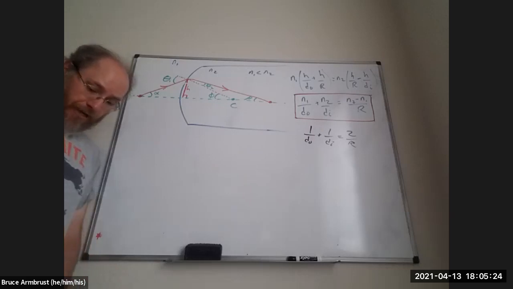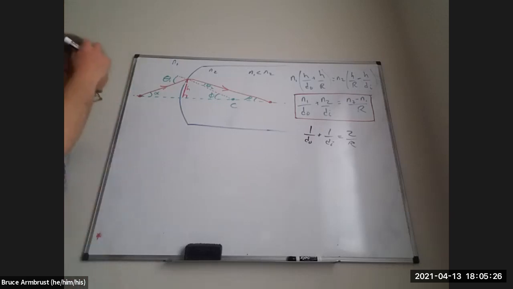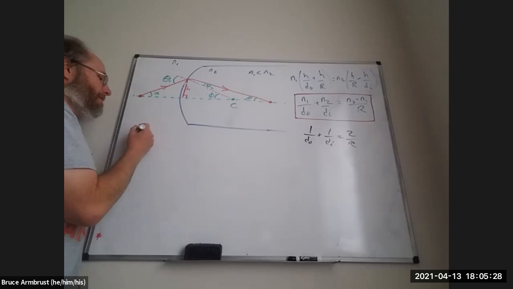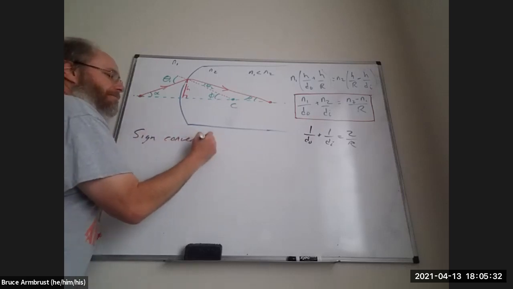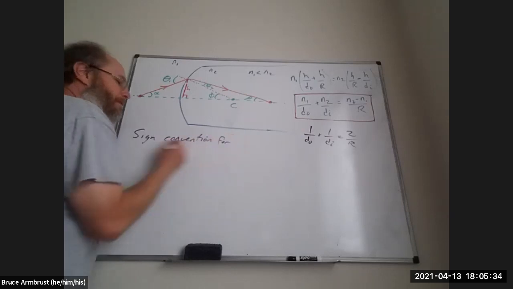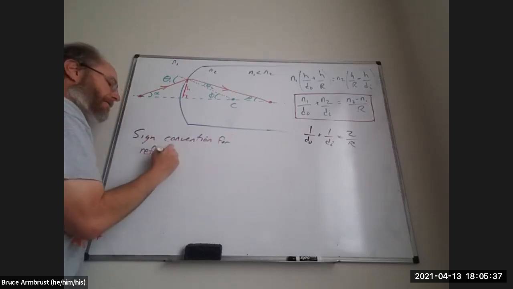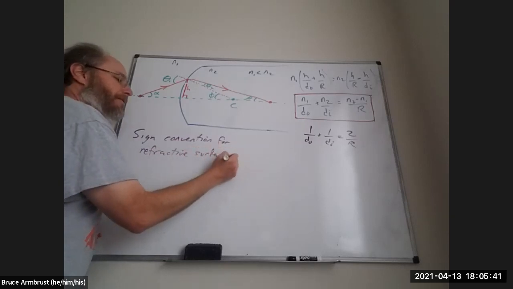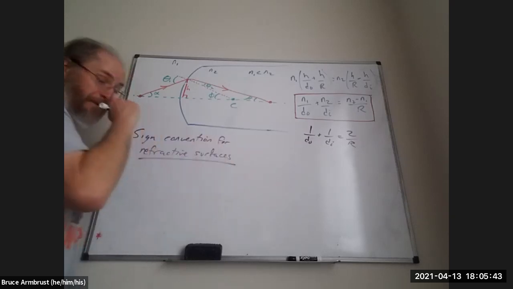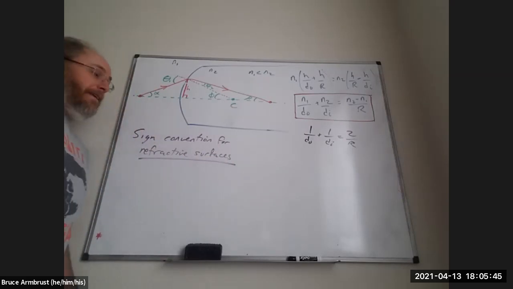Okay, so here's something that we're going to have to be a little bit careful about now. So here's the sign convention. And I'm going to put here for refractive surfaces, because we're refracting now, not reflecting.